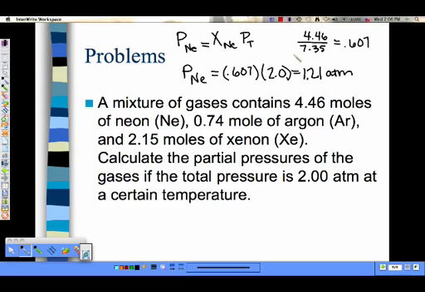Okay, we'll do the same thing, but we'll have to have a new mole fraction for argon. So it'd be 0.74 divided by 7.35, a 0.1 mole fraction, and multiply that by the total pressure of 2, so you get a 0.20 partial pressure of argon.